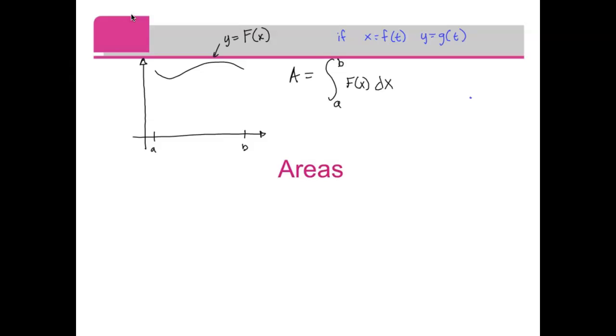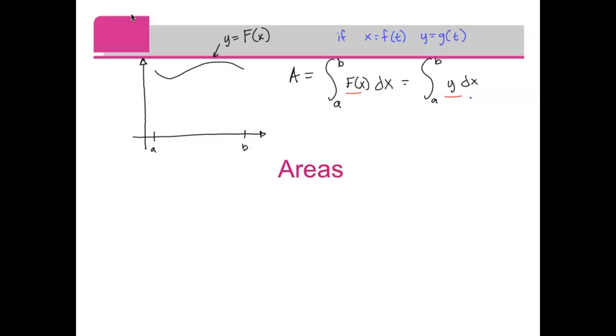So the other thing I want to point out really is that this is just equivalent to the integral from a to b of y dx, right? Because y is equal to f of x, so I could either write f of x here or y there. But if I put y there, it'll make it a little bit more clear, I think, what I'm doing to get this into a parametric integral.